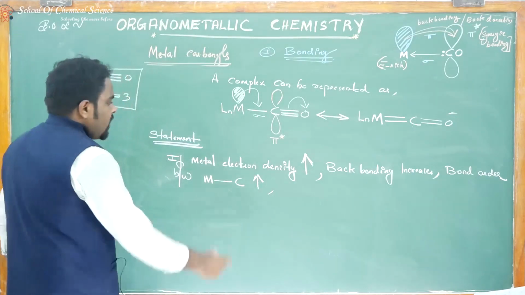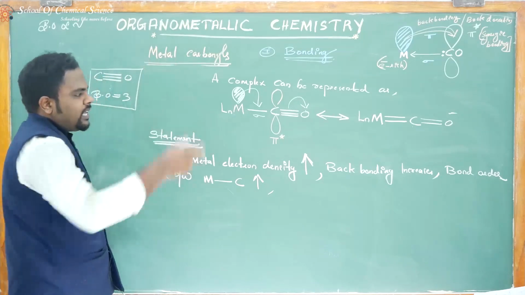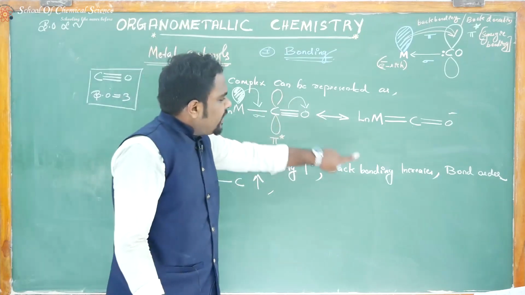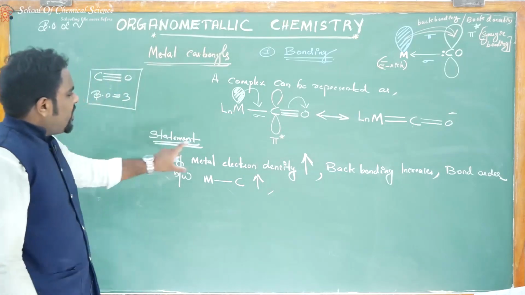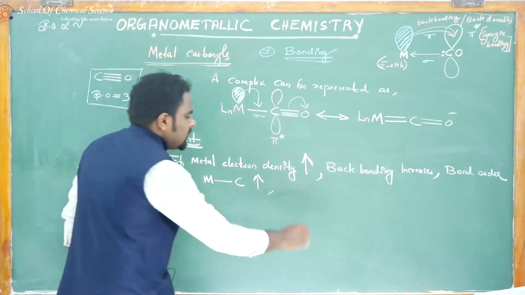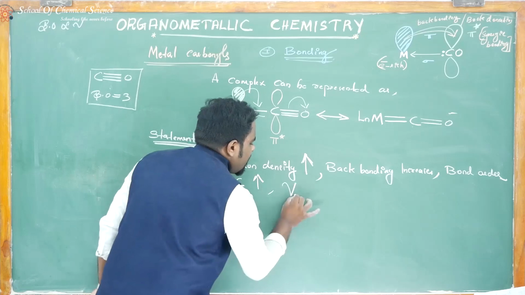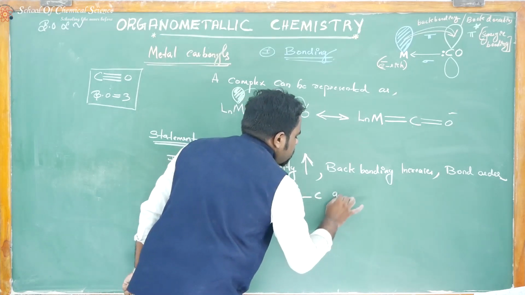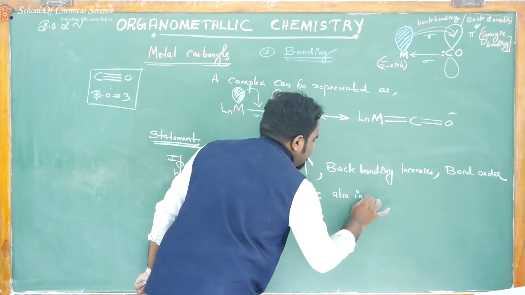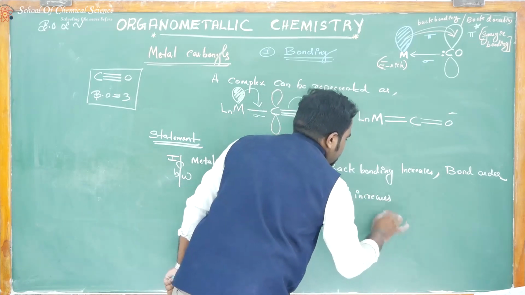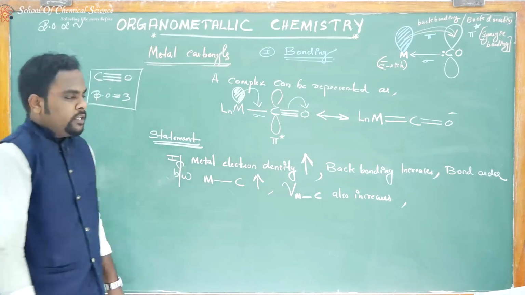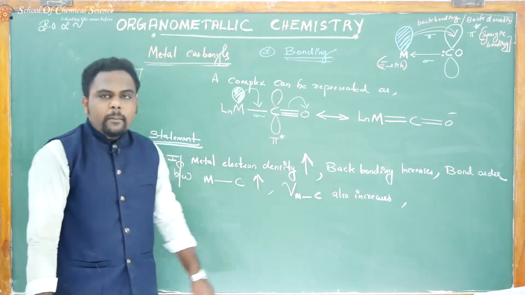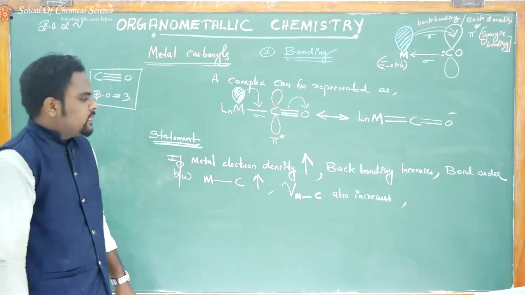So when metal electron density increases, back bonding increases, the bond order between metal and carbon increases, then the stretching frequency of the metal carbon bond also increases.